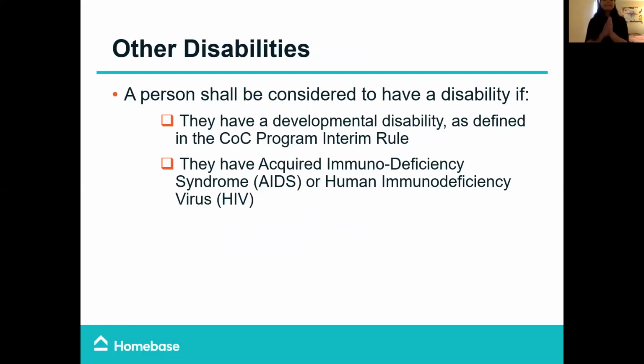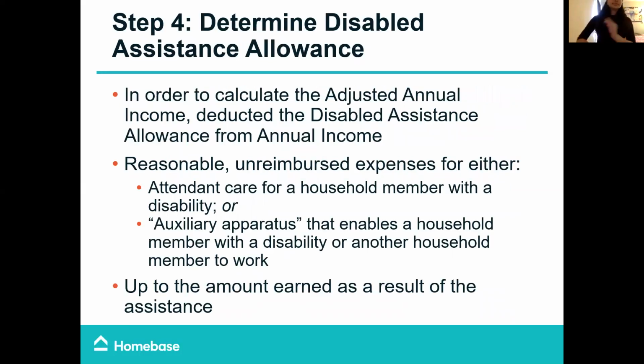So the next slide gets us into the next allowance that we're looking at, which is the Disabled Assistance Allowance. In order to determine whether your client qualifies for the Disabled Assistance Allowance, you want to check whether they anticipate any unreimbursed expenses, either for care for a household member with a disability or for some kind of apparatus for a household member with a disability.